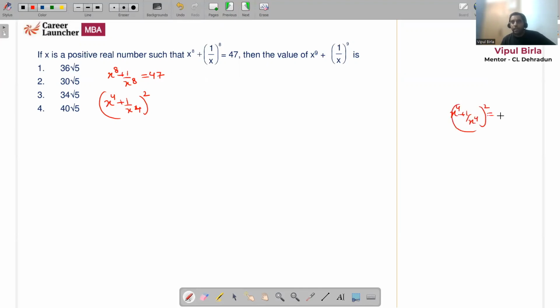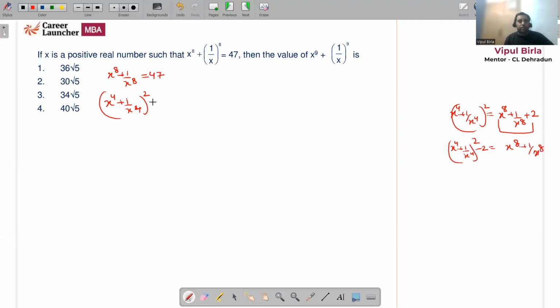This can be written as x to the power 8 plus 1 upon x to the power 8 plus 2 into a into b. So this will be nothing but minus 2 is equal to x power 8 plus 1 upon x power 8.